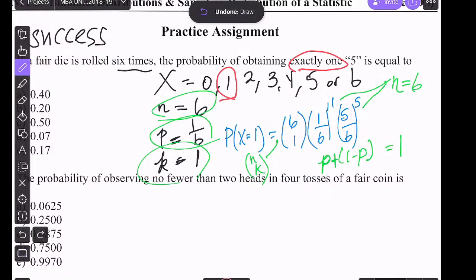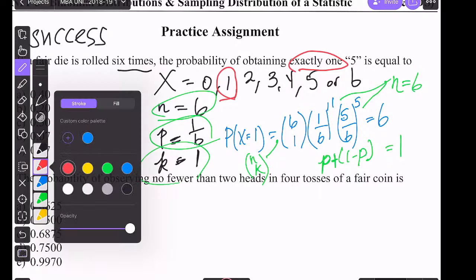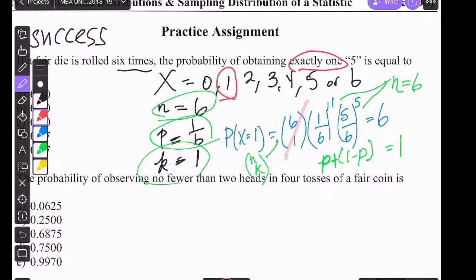I think that's the best thing to do, and simplify first. So we know this one will be 6, right? Because we discussed that. If you use that property, it will help simplify your calculations. So that's going to be 6, and then this is going to be 1/6. This is way better to do just as a fraction.